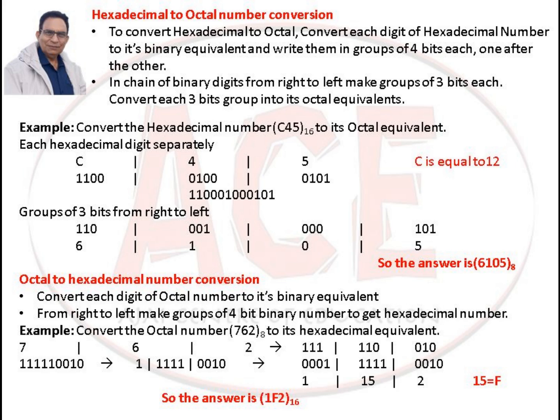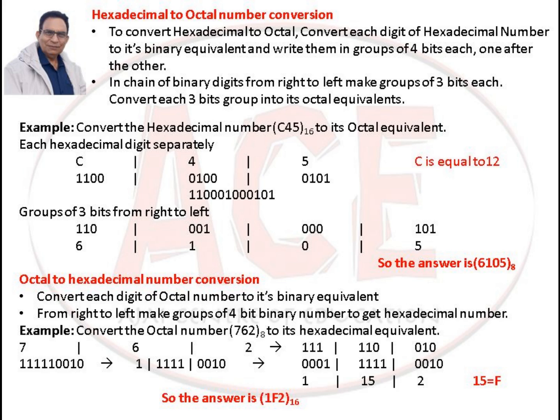For example, convert the hexadecimal number C45 base 16 to its octal equivalent. Each hexadecimal digit separately, C is equal to 1100, 4 is equal to 0100, 5 is equal to 0101. Putting all these binary digits together, we get a chain of these.